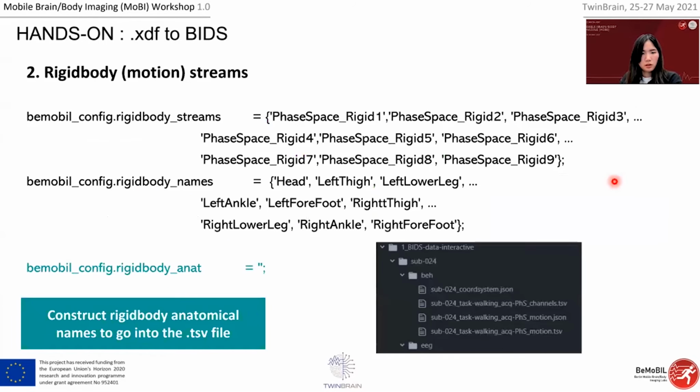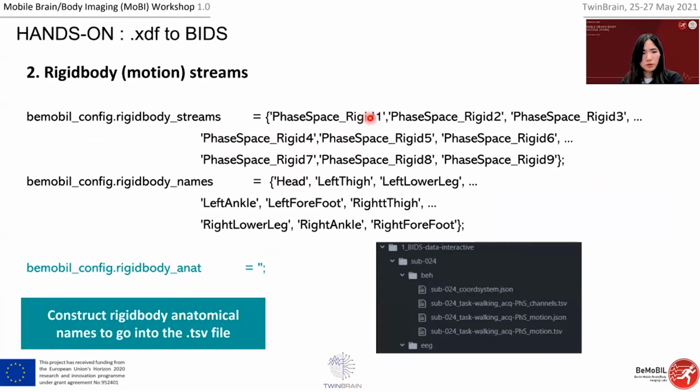And then you define the rigid body streams. So this is the way they are stored in the XDF streams. If you have freshly loaded it, they should match these names here. And finally, you assign some meaningful names to these streams.